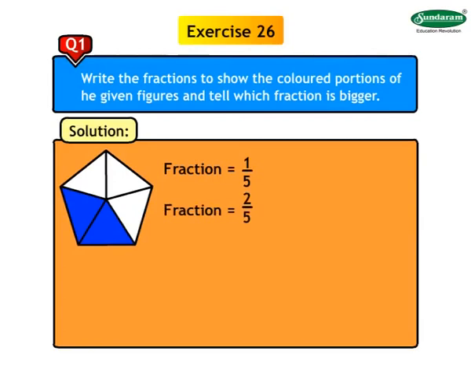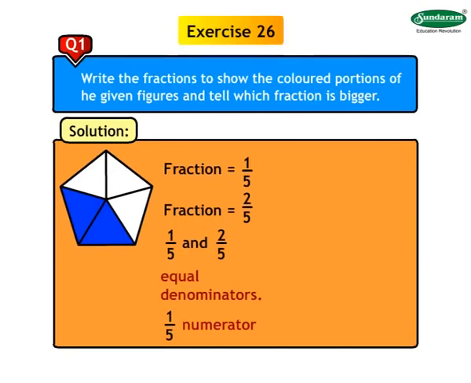Now let us write down both the fractions, 1 upon 5 and 2 upon 5. Both fractions have equal denominator, that is 5. Thus, to compare them, we just have to compare the numerators. In the fractions, numerator 1 of fraction 1 upon 5 is smaller than the numerator 2 of fraction 2 upon 5.